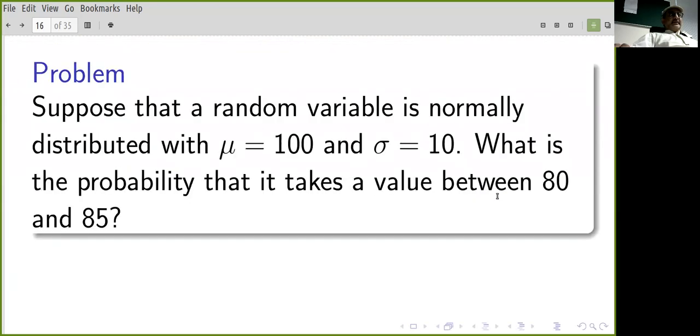Now let's just do it. Let's use the normal random variable to do a problem. Supposing that you have a normal random variable that's normally distributed with an expectation 100 and a standard deviation 10, what is the probability that it takes values between 80 and 85?